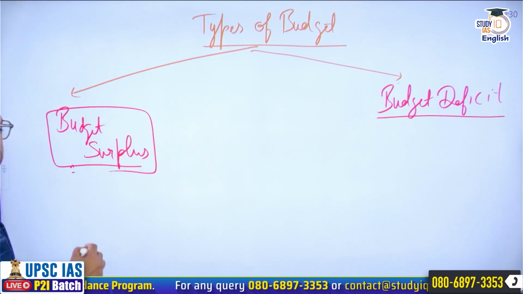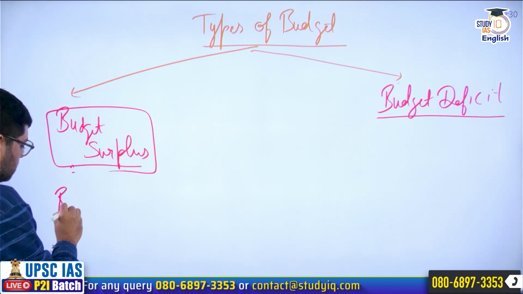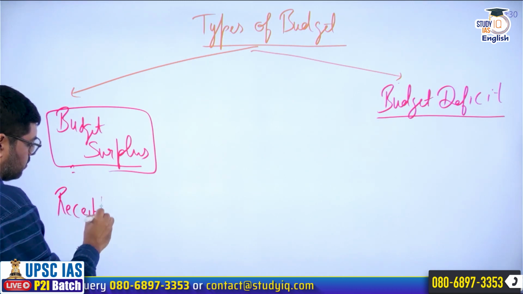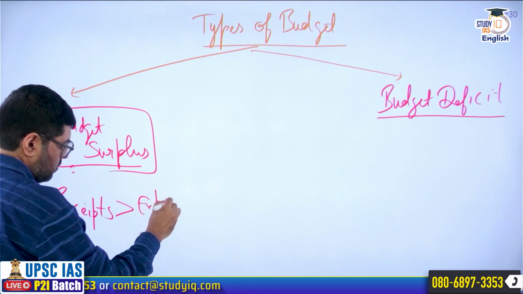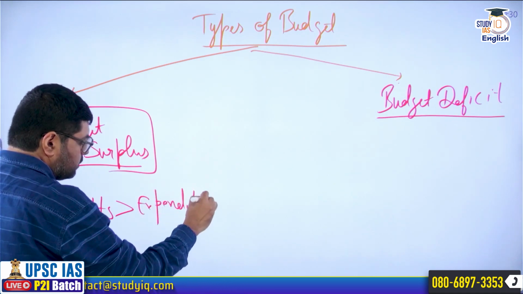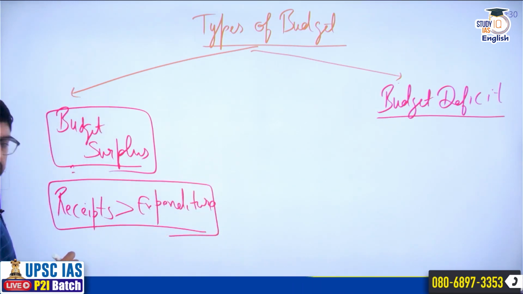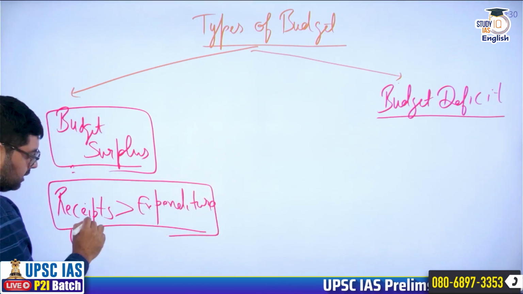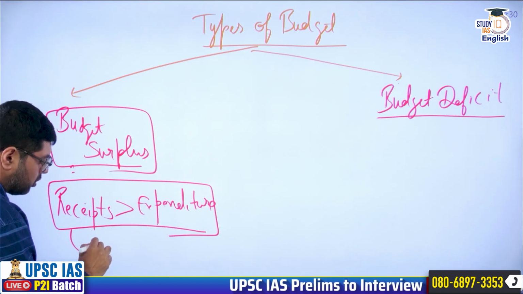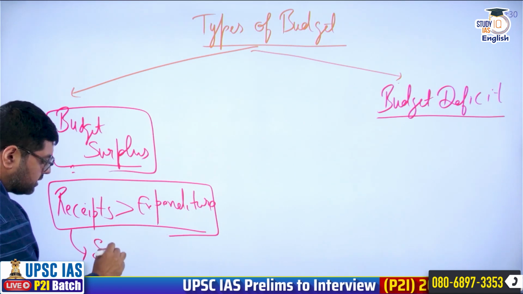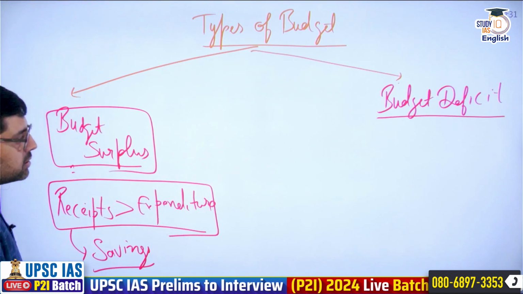When I talk about budget surplus, it means your receipts are more than expenditure. In such a scenario, the government has savings, which is why it is called budget surplus.